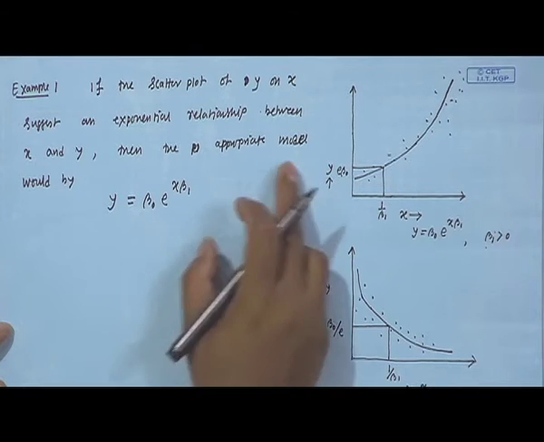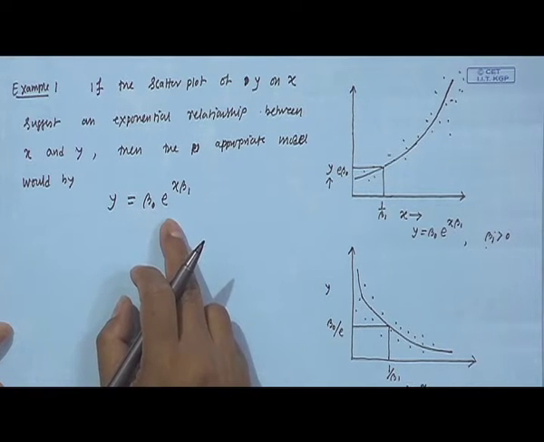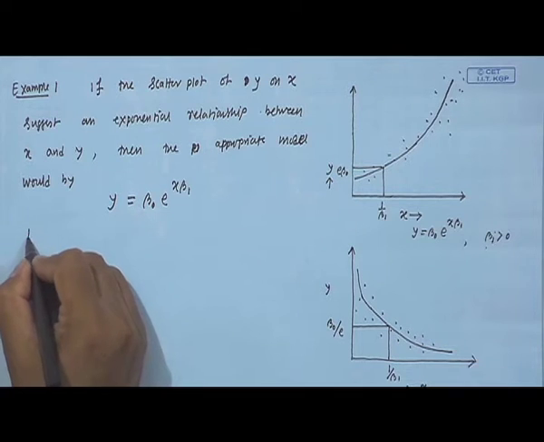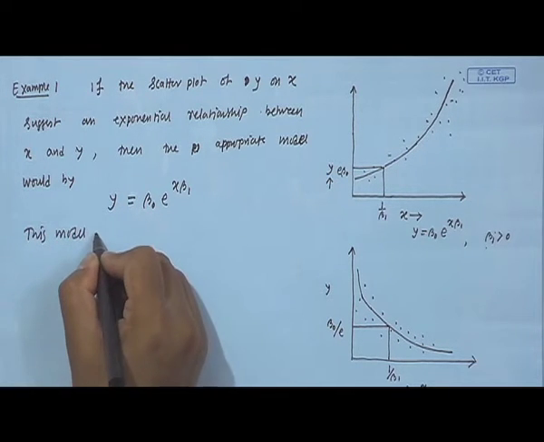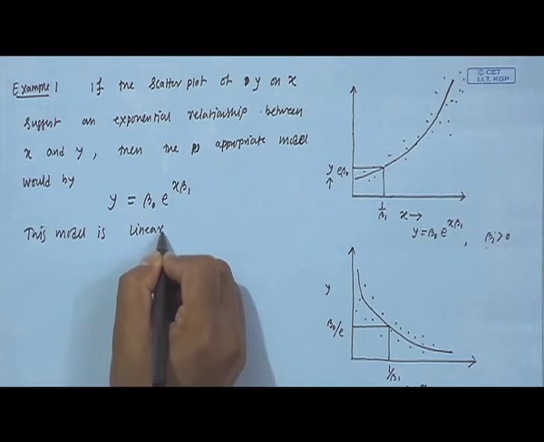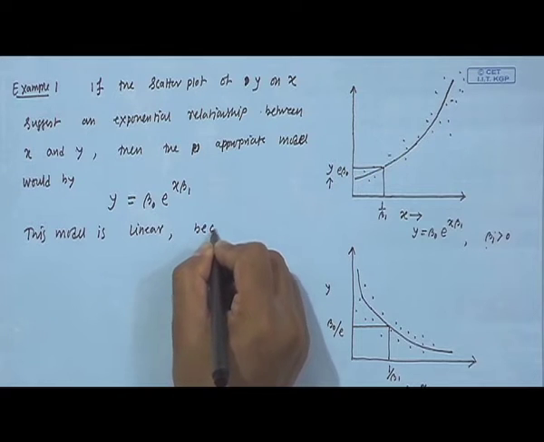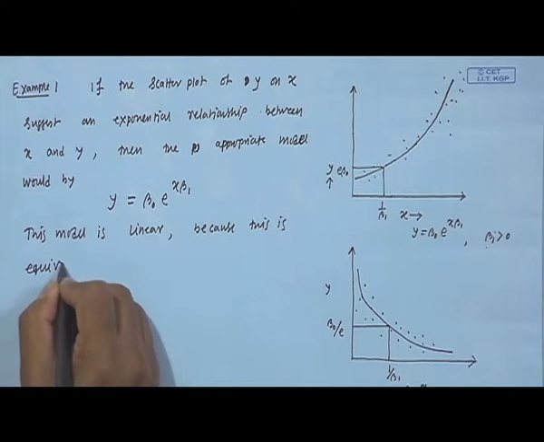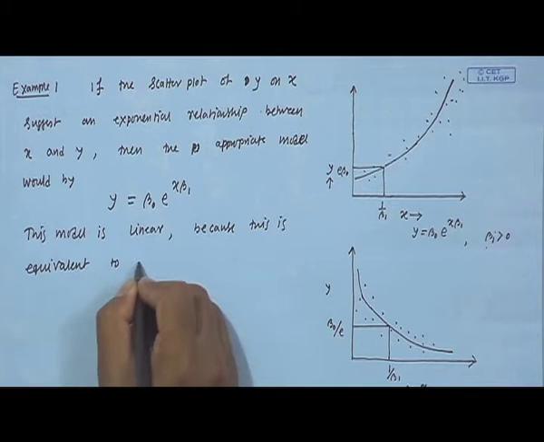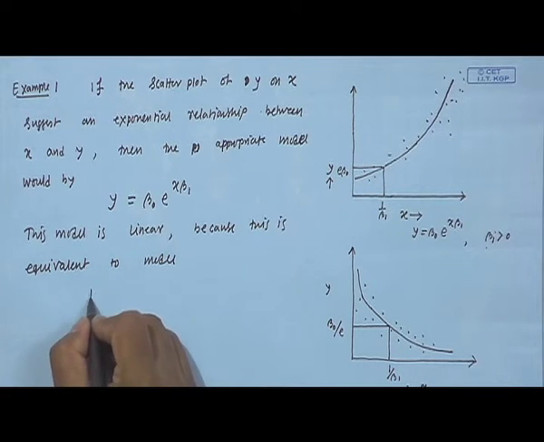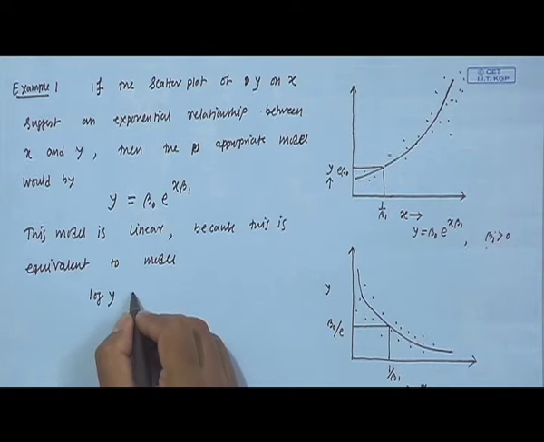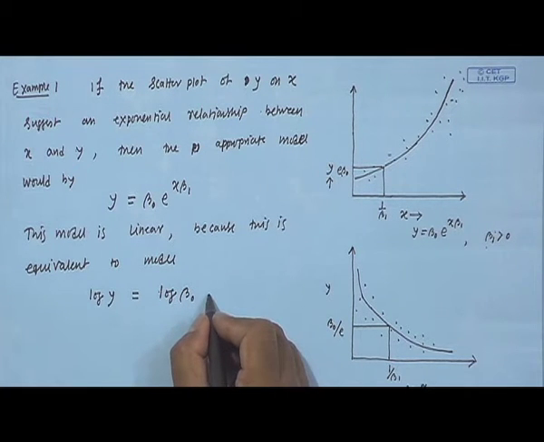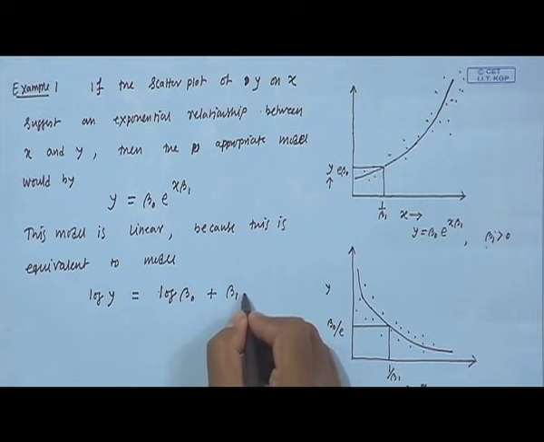And if the relationship between y and x is exponential, then this model is in fact linear, because this is equivalent to the model log y equal to log beta naught plus beta 1 x.